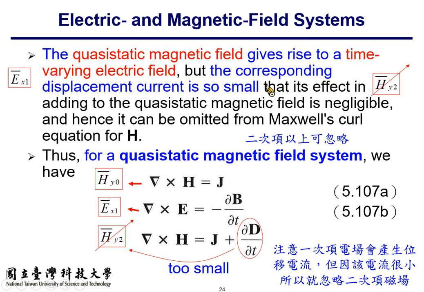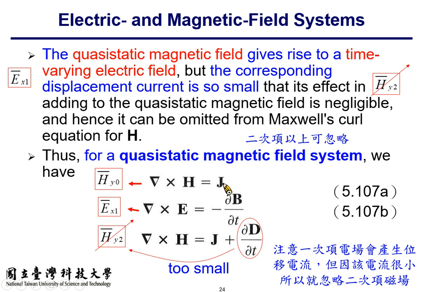So a quasi-static magnetic field system gives rise to a time-varying electrical field, provided that the current source is time-varying. Okay, so let's begin with this equation.